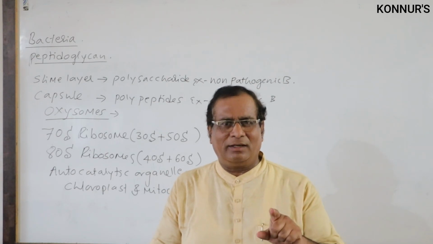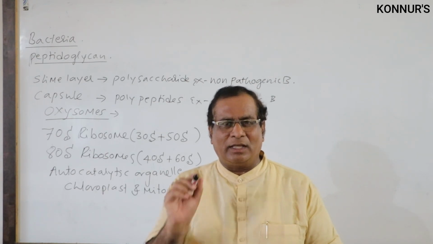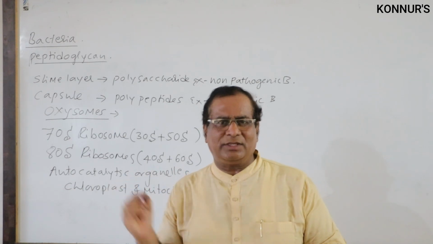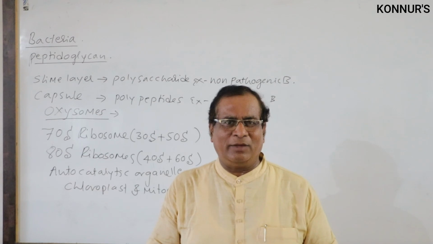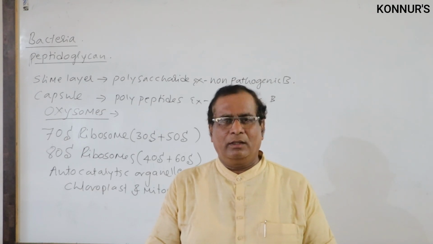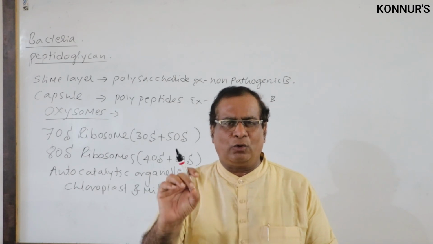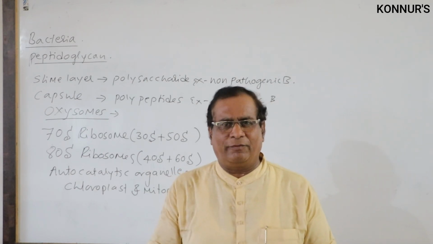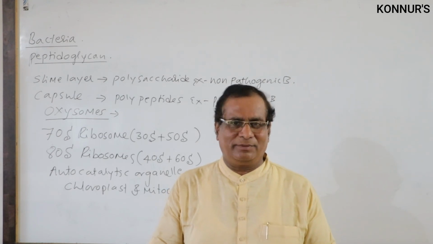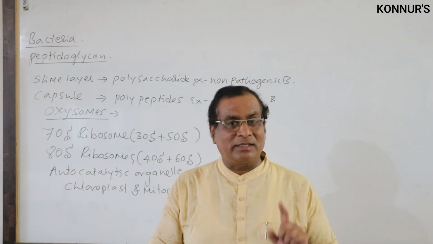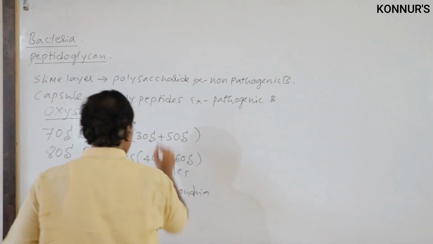The question concerns the ribosomes present in mitochondria and chloroplast. They would ask whether the ribosome present in mitochondria and chloroplast is of the 70S type or the 80S type. The answer is the 70S type.